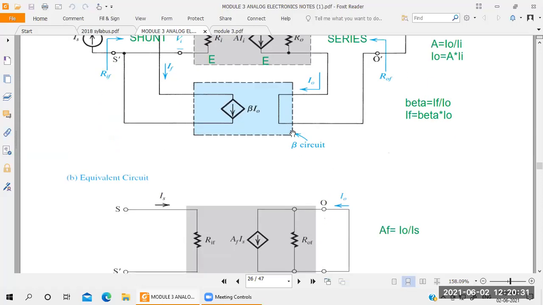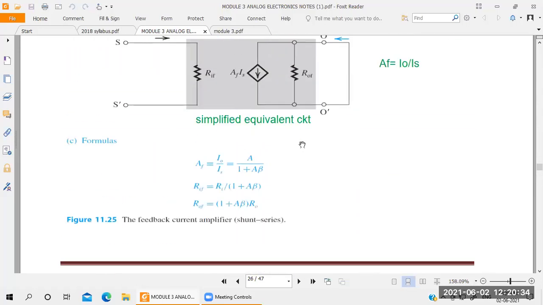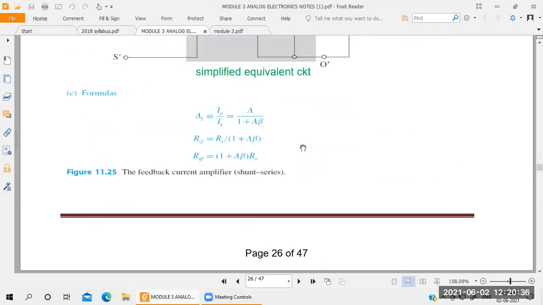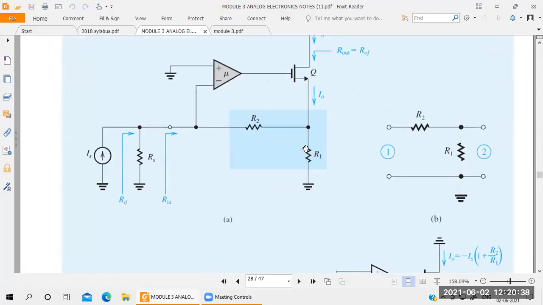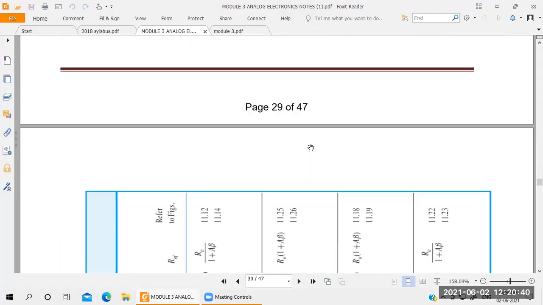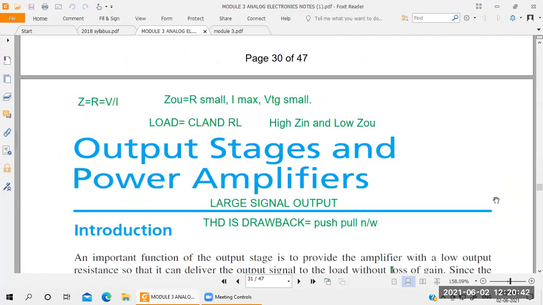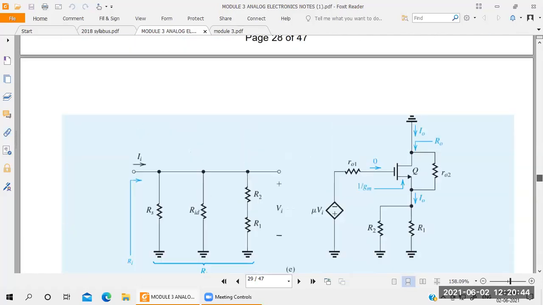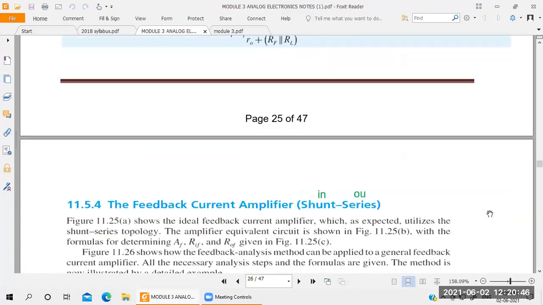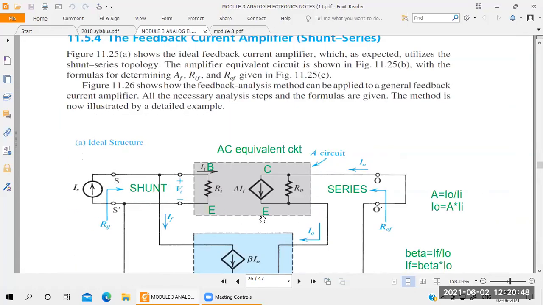Not this one. You take this one. Here they are taking a gray color box, right? So the gray color box means it's a parameter within the transistor.